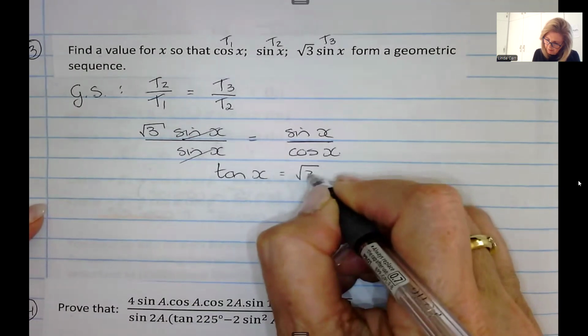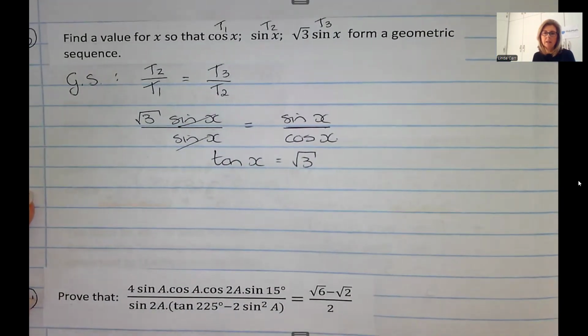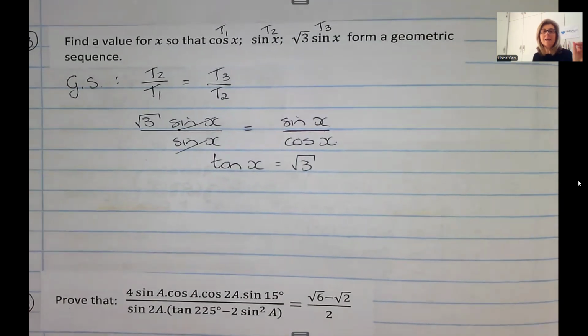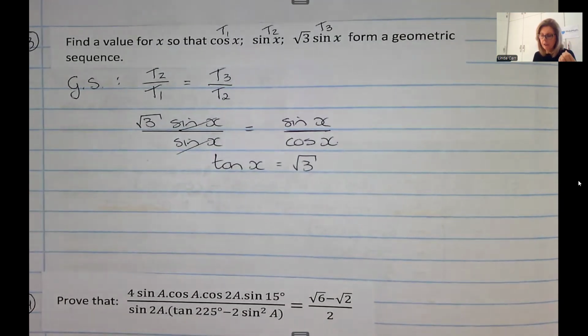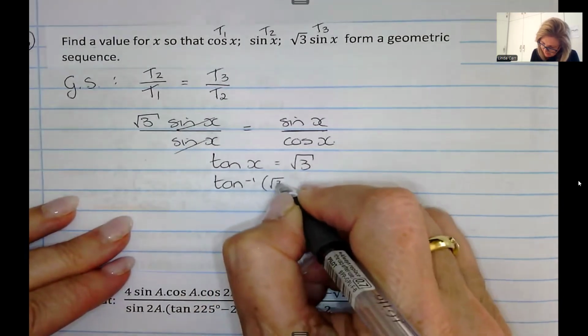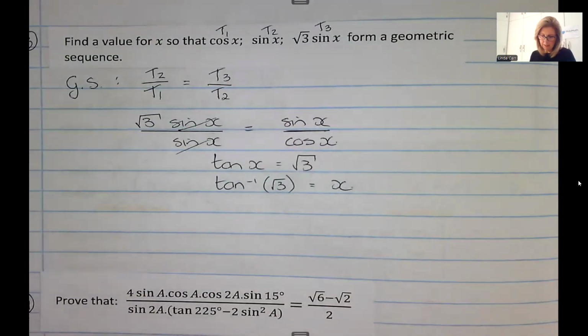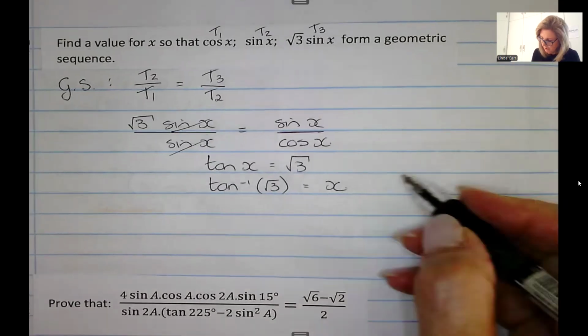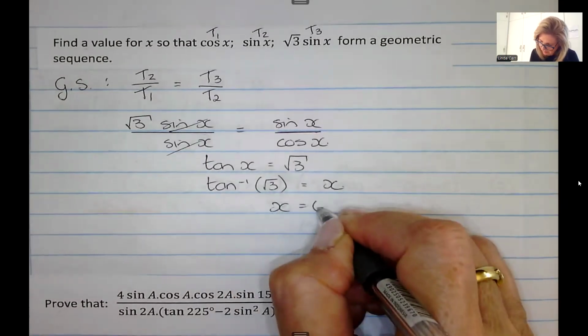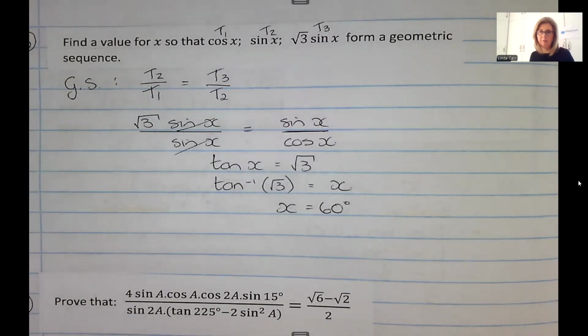And so we've ended up with tan x is equal to root 3. And we only need one angle. So we're going to do the shift tan of root 3 to give us a value for x. It is a special angle, so technically we're supposed to know it, but there's no harm in checking. So x is 60 degrees. And we are happy.